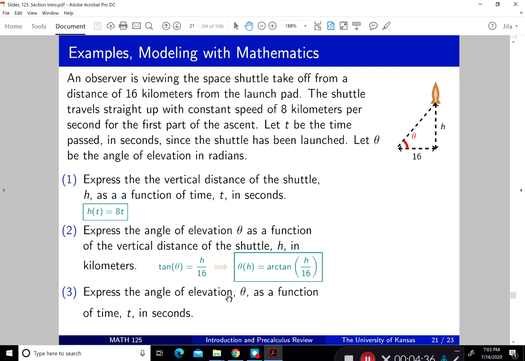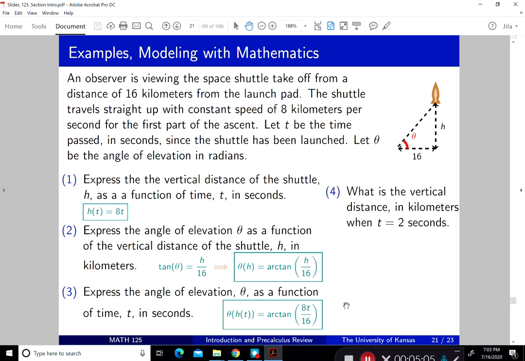So if I want to express theta as a function of t, I need a composition of the two functions, theta of h of t. And so that's what happens. The composition of functions becomes arctan of, instead of h, 8t over 16, right? It was h of t, so it would be basically 8t.